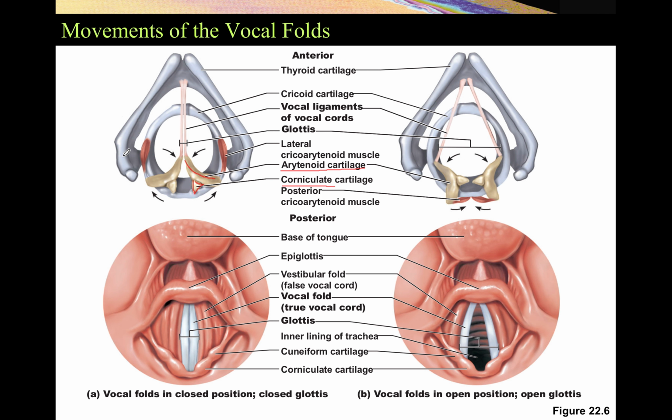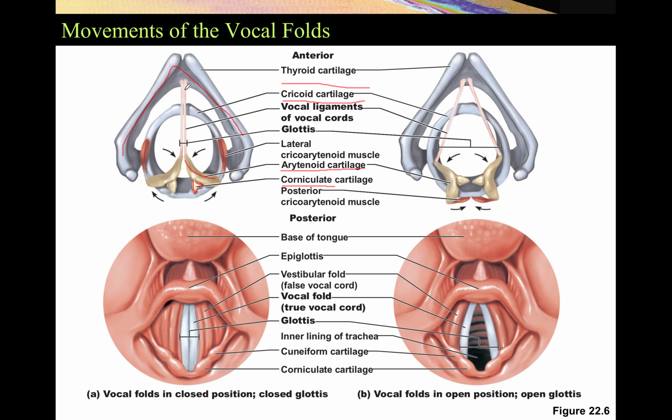So in this picture, this V shape is your thyroid cartilage. The round one below it is your cricoid cartilage. The bigger one of the 2 inner ones is the arytenoid cartilage, and the little tiny fang one is the corniculate cartilage.